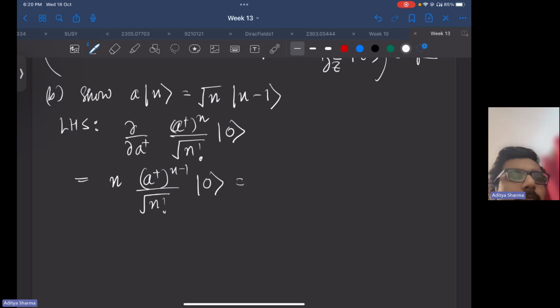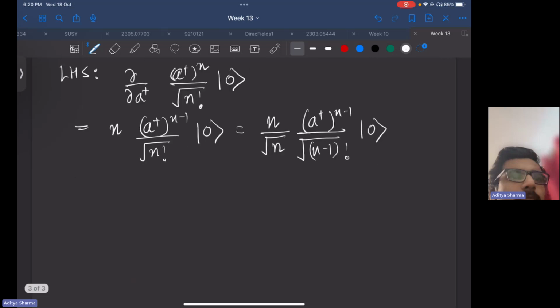This can be written as N by square root N. I took an N out from here. A dagger N minus 1 over N minus 1 factorial, acting on 0. So this gives you a root N, and that is nothing but the ket of N minus 1. Okay.